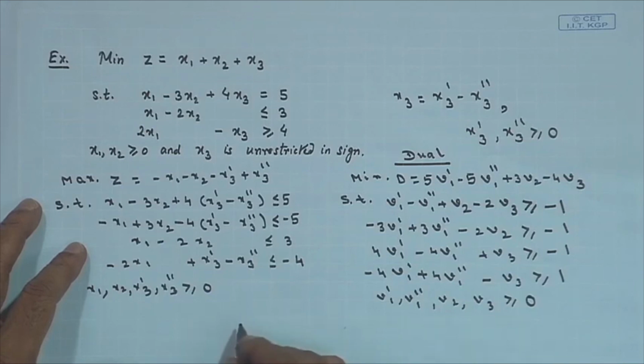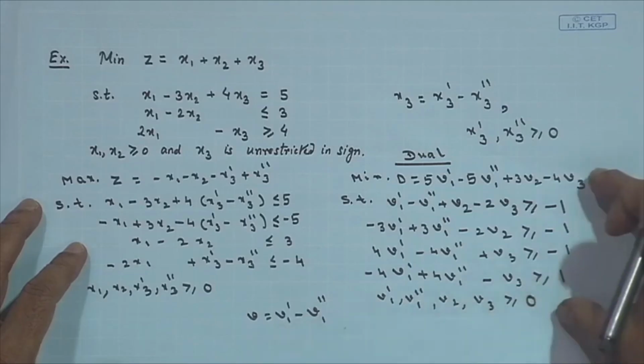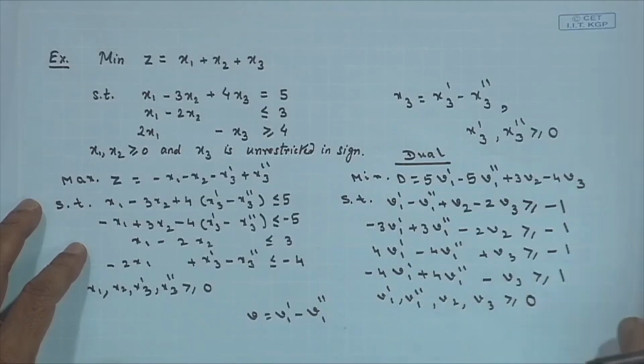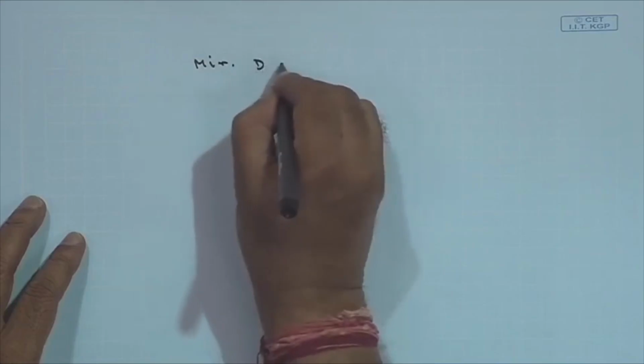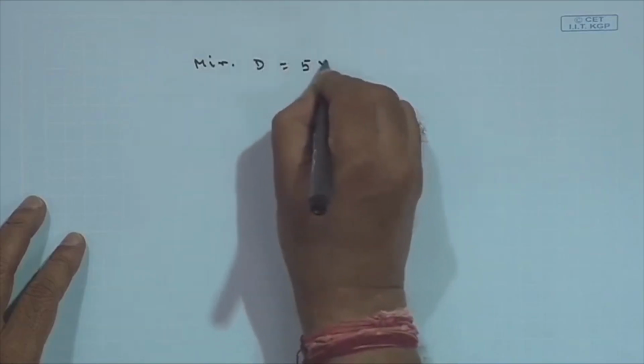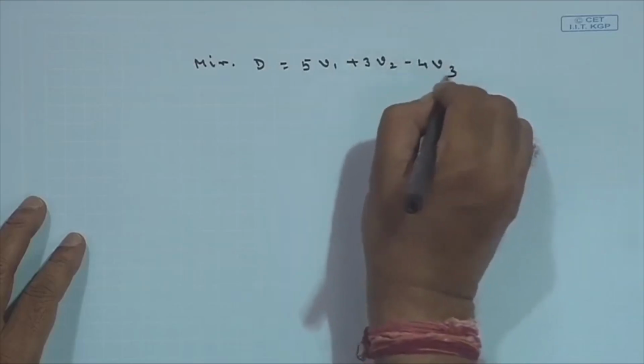Now, let us assume that v1 equals v1 dash minus v1 double dash. Then this dual problem I can write as: minimize d equals 5 v1 plus 3 v2 minus 4 v3.